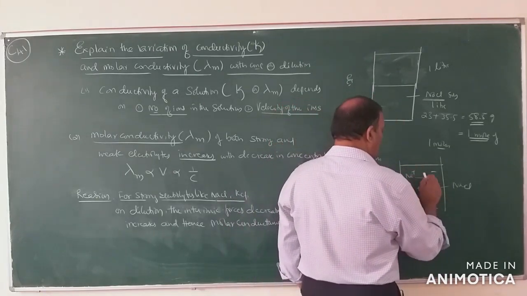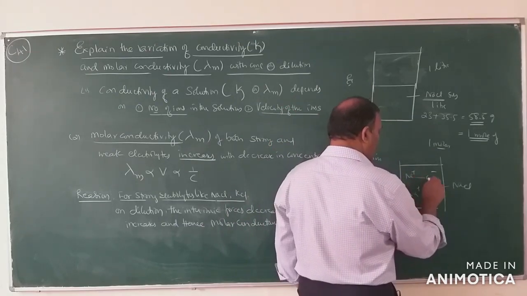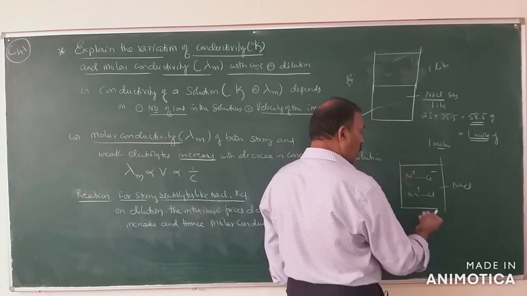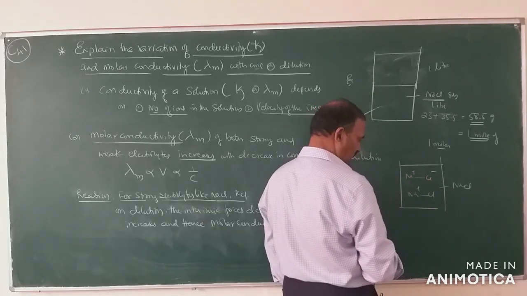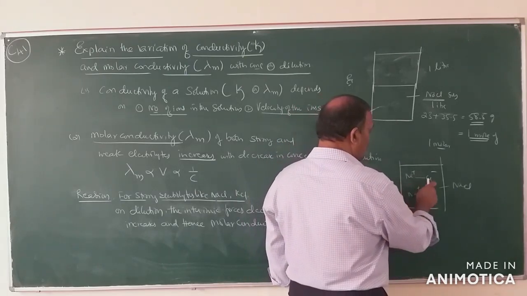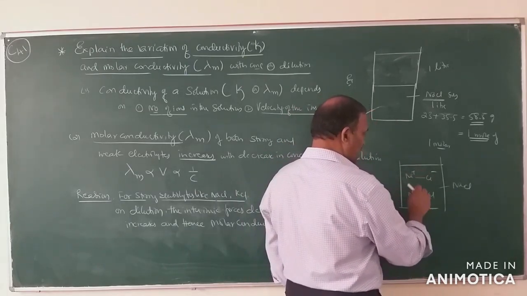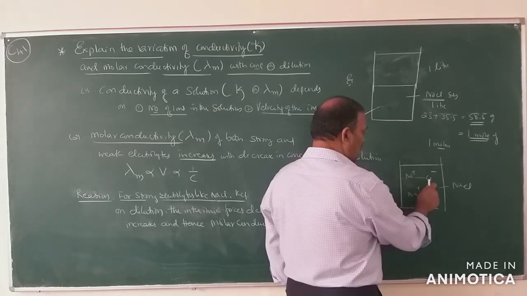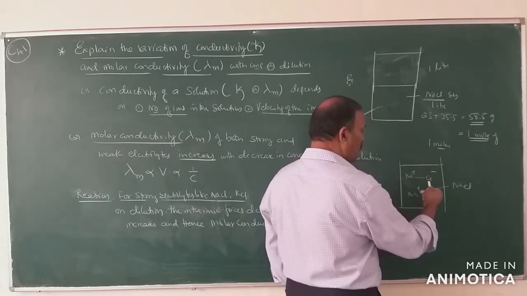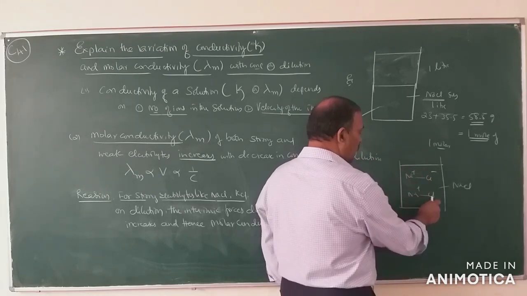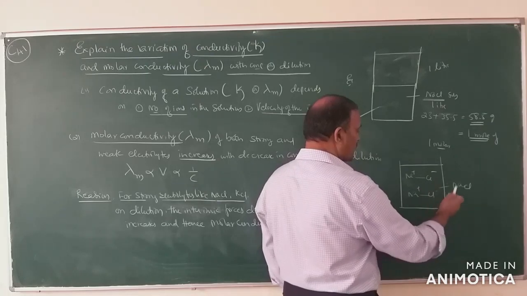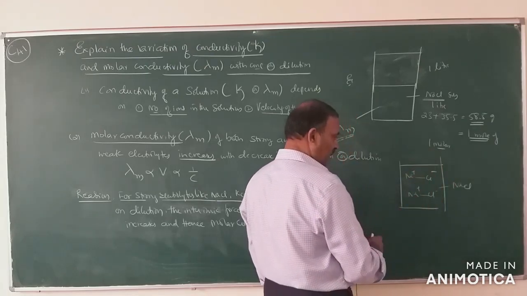Now, there is a strong force of attraction between sodium ions and chloride ions, since the number of ions is more in 1 liter of solution. Therefore, the velocity of these ions becomes less. When the attractive forces between these ions are more, these ions cannot move freely from one electrode to another electrode. As a result, the conductivity decreases.